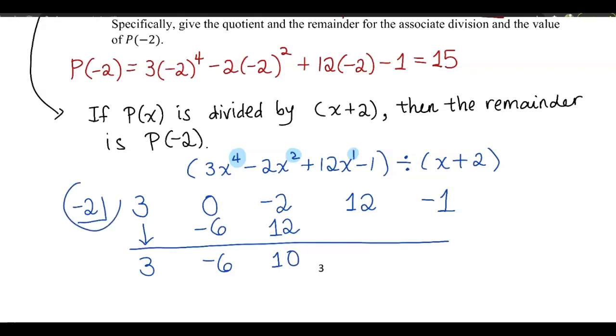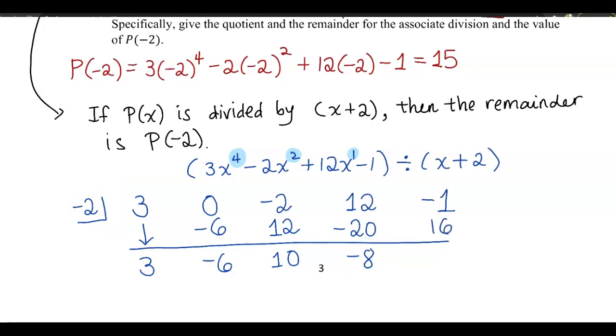Time for us to multiply again. Negative 2 times 10 is negative 20. And let's add. Adding these two will give us negative 8. Last multiplication. Negative 2 times negative 8 is positive 16.